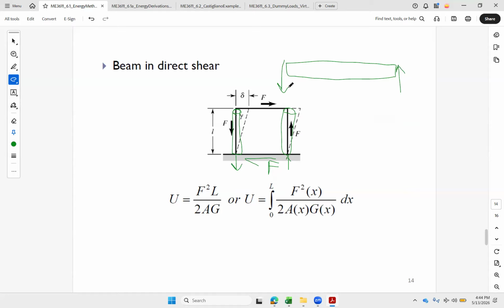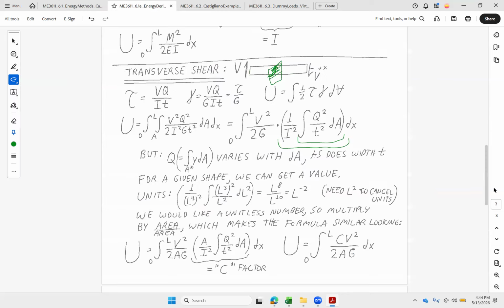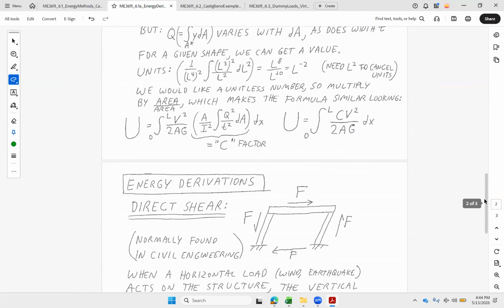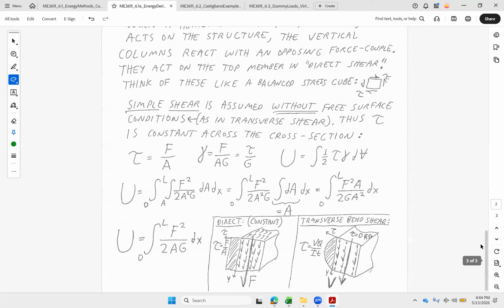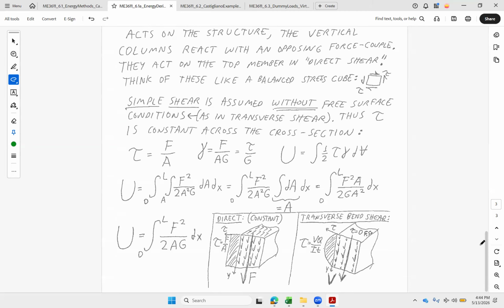Now, in the direct shear case, we assume that we have a constant stress. Okay, so it does not, like our solid mechanics approach and detailed ME approach, where we try to make it 0 at the free surfaces and taper. Here, we're just assuming it's F over A. So we don't enforce any free surface condition on the top or on the bottom.